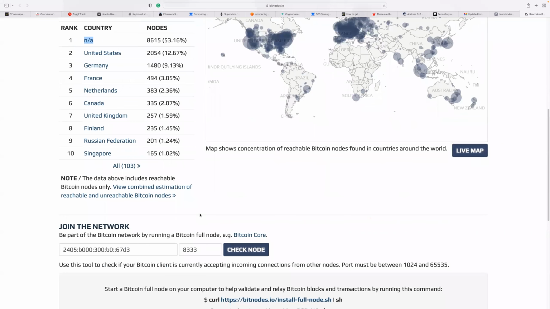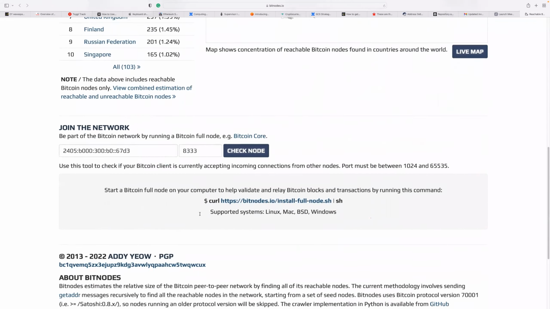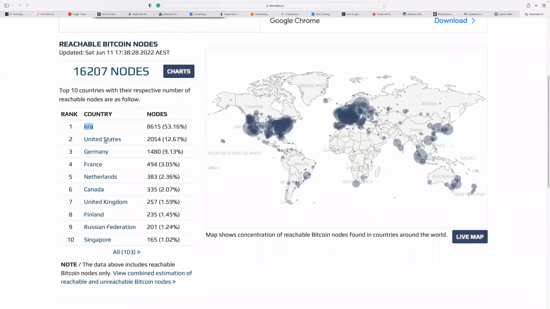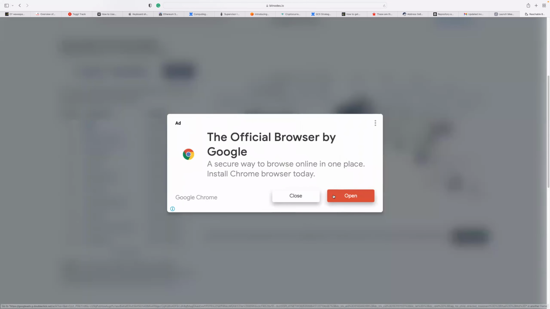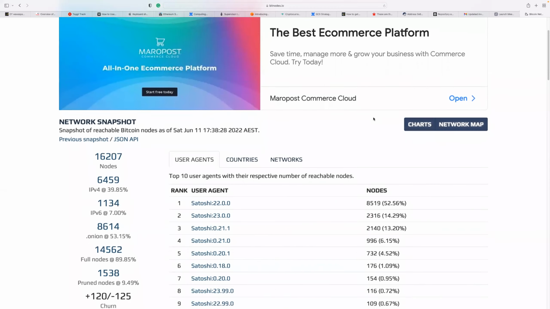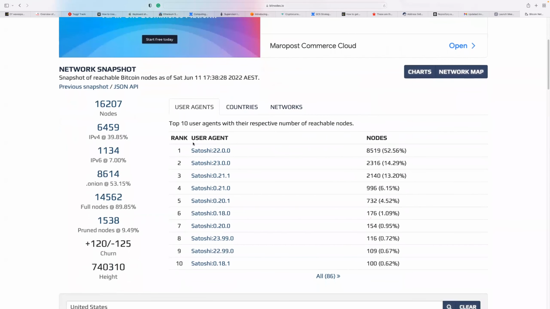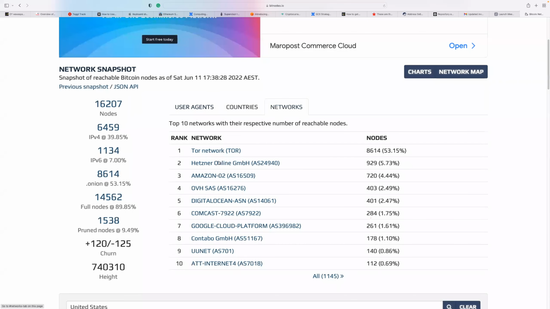Again, if you go into the site, you could do a little bit deeper analysis. So again, different agents, like these are essentially a set of nodes or group of nodes, and from which countries, which network. These are essentially ISP level networks.